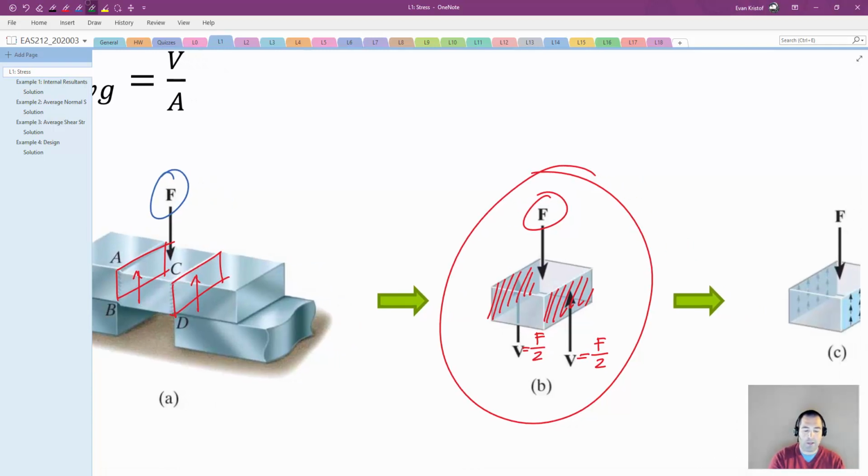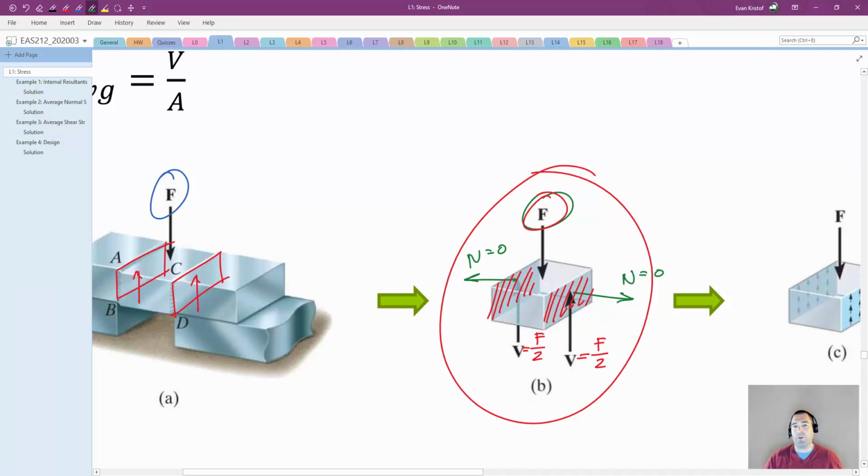And again, I just want to point out that there could be a normal force on these faces too, but due to the verticality of that loading and the fact that these section cuts are vertical as well, there wouldn't be any normal force acting on those faces.